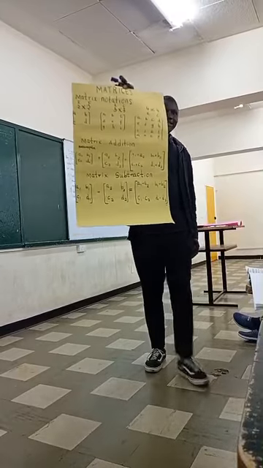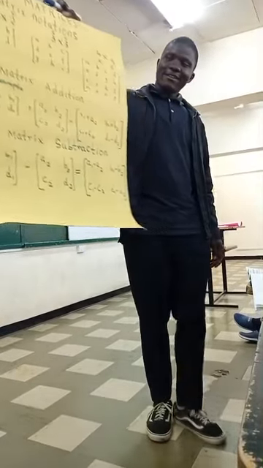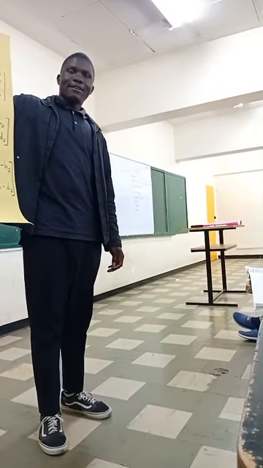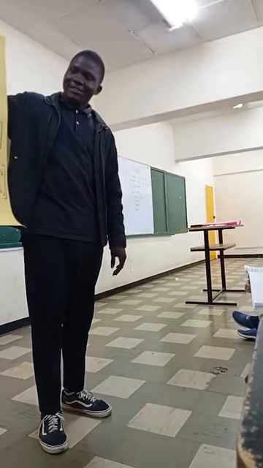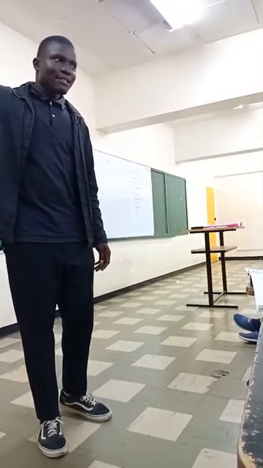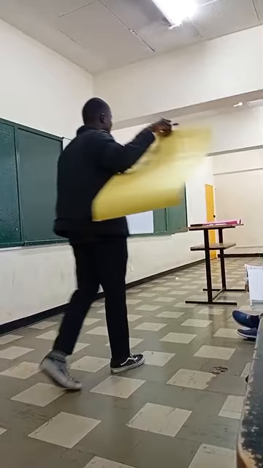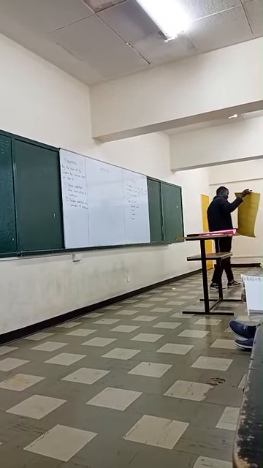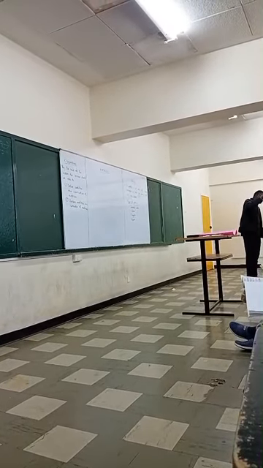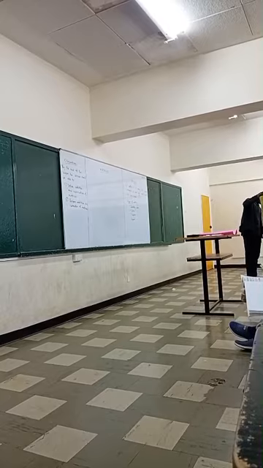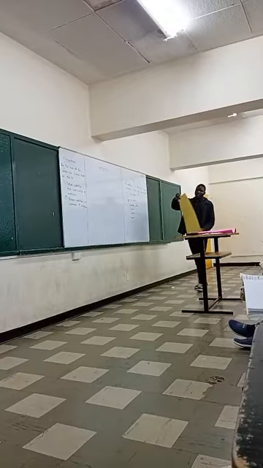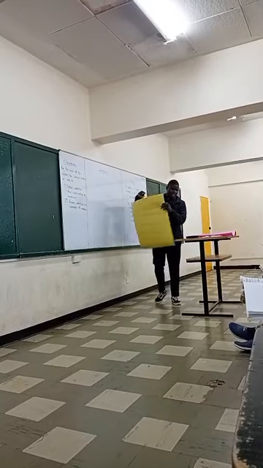Just observe, look, and say what you are able to see. Yes? Addition of matrices. Elements and subtraction. Correct. So this is basically what we are going to talk about today.